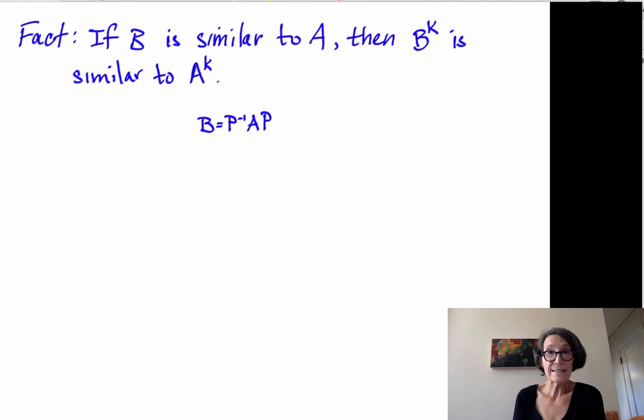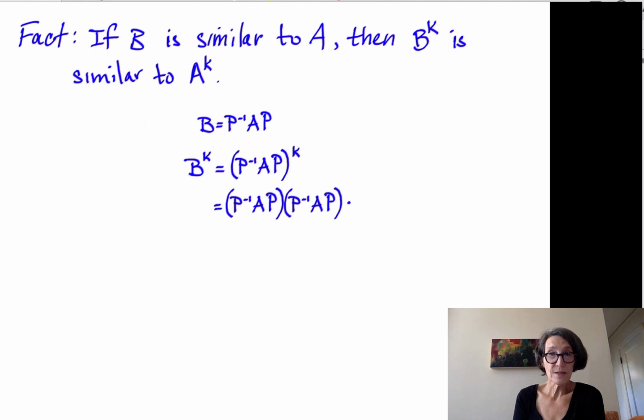So B is similar to A, so B is equal to P inverse AP. So that means that B to the K is P inverse AP to the K. And so on the right side, let's expand that. We get P inverse AP times P inverse AP times P inverse AP dot dot dot P inverse AP. And how many factors? There's K factors because we've raised it to the power K.